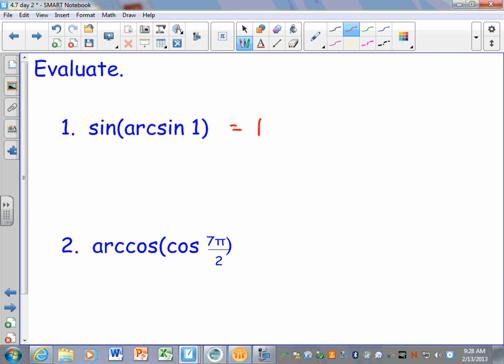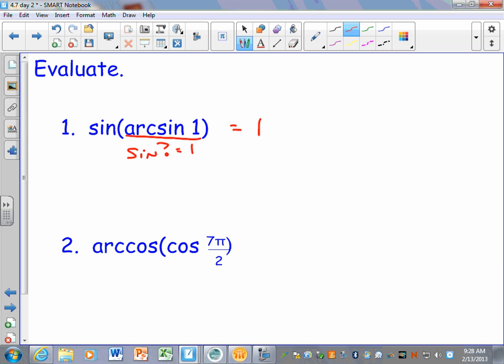Why is that true? Let me show you, because sometimes you're going to have to actually do the work. If I'm doing this part, do you agree that's what we did yesterday? That's like saying sine of what angle equals 1? What angle in our negative pi halves to pi halves has a sine of 1? Sine is y, right?